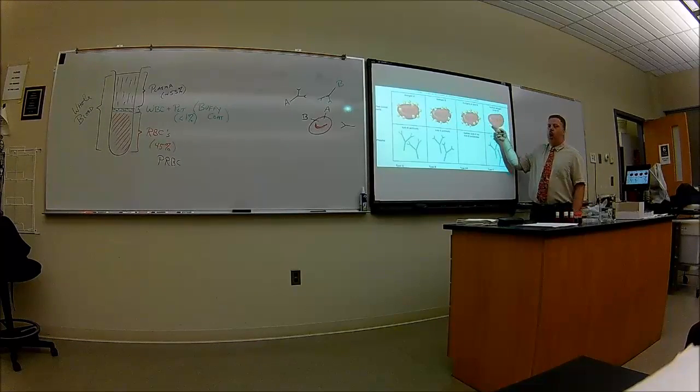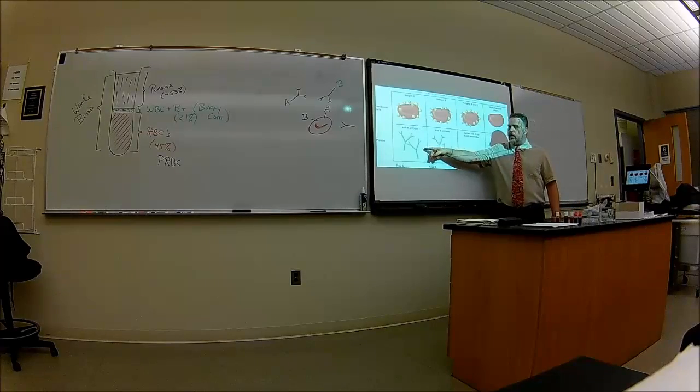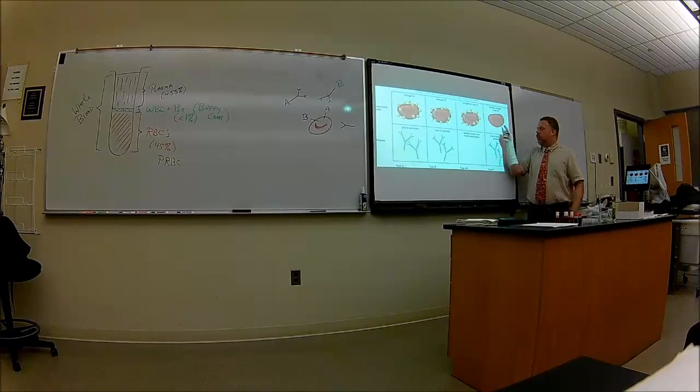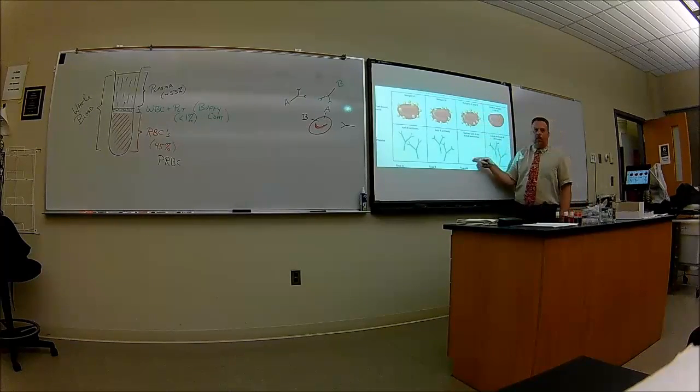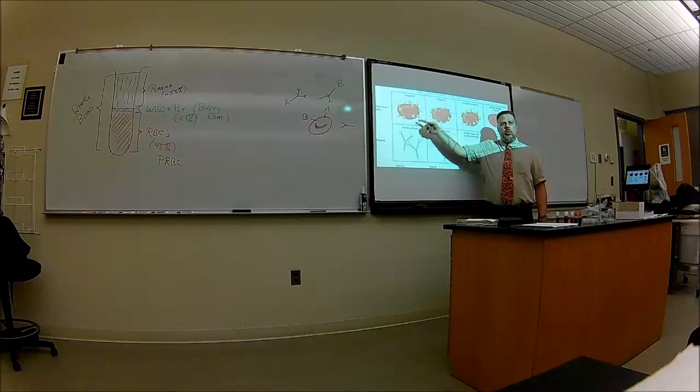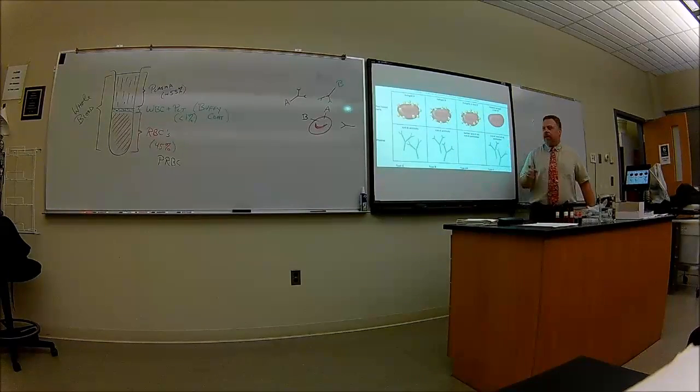So type O has no antigens, so these antibodies have nothing to connect with, so you could give this red blood cell to an O person, of course, to an AB, to a B, or to an A. And the reason why this is known as the universal donor is because it has no antigens.